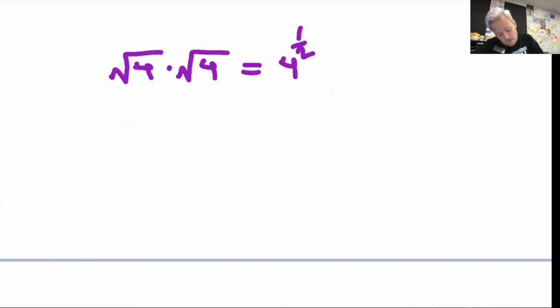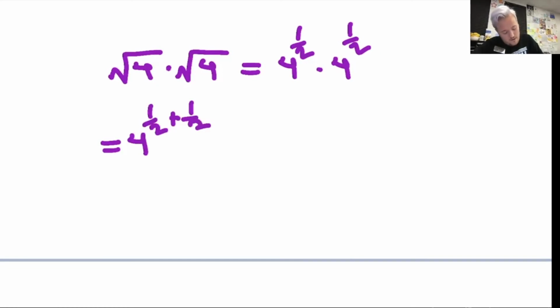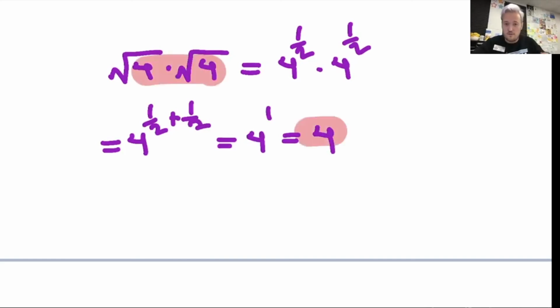The square root of 4 times the square root of 4 is equal to 4 to the 1/2 power times 4 to the 1/2 power. Then the product rule says if I have the same base, I can add those exponents. So that's 4 to the 1/2 plus 1/2, which is 4 to the first power, which is just equal to 4. So there's an unofficial little proof, I guess.